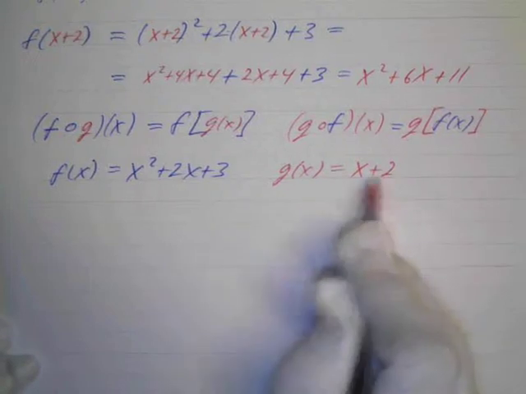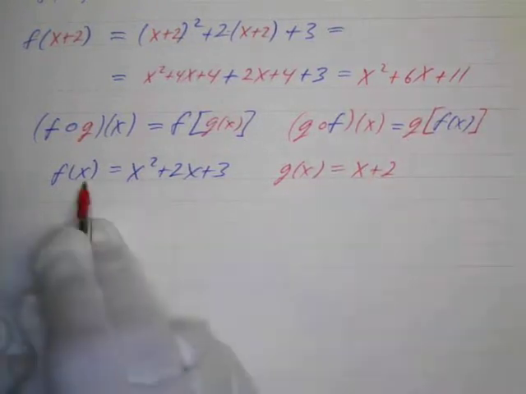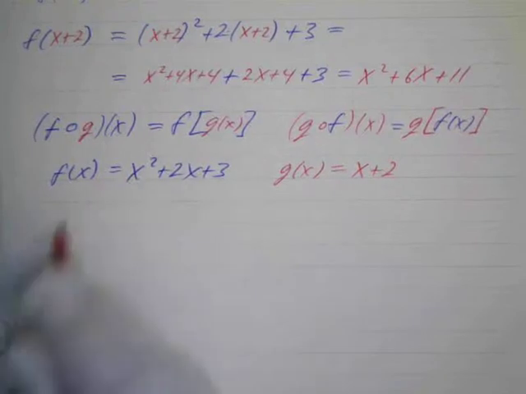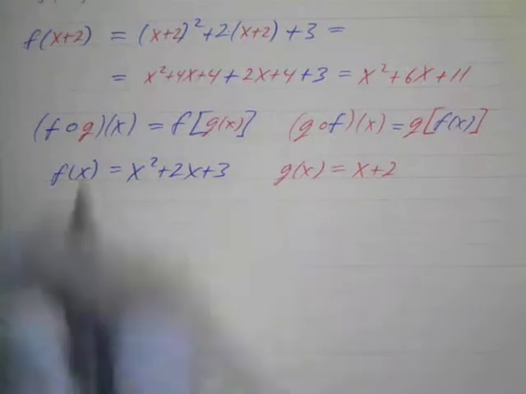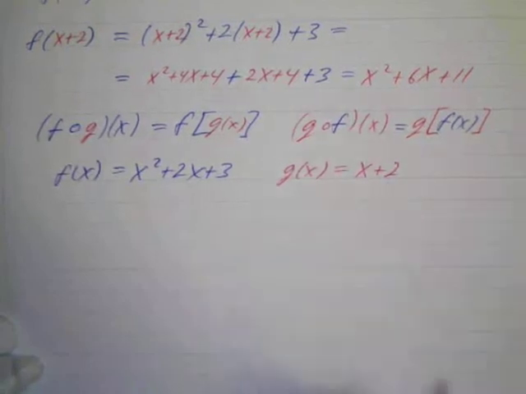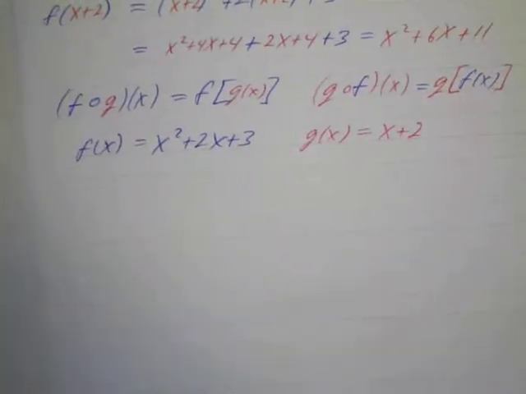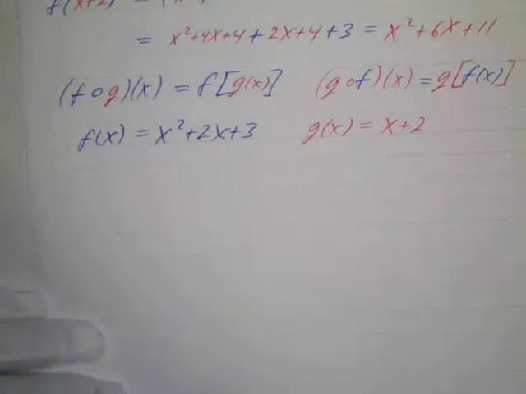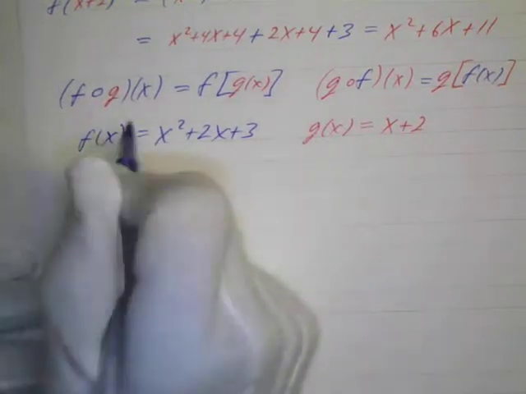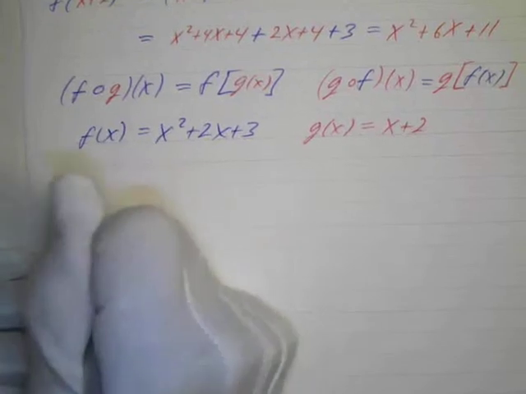Okay, so whatever I see here goes here. So this is saying something squared plus 2 times something plus 3, and this is just saying something plus 2. Okay, so let's figure out our f of g of x. So this is fog, but I'm going to write it like this.